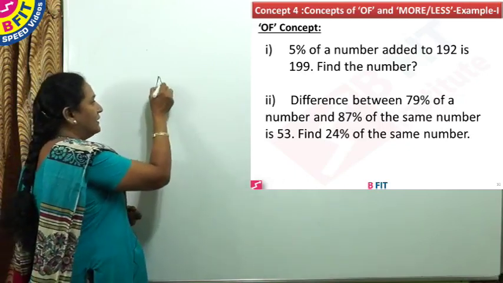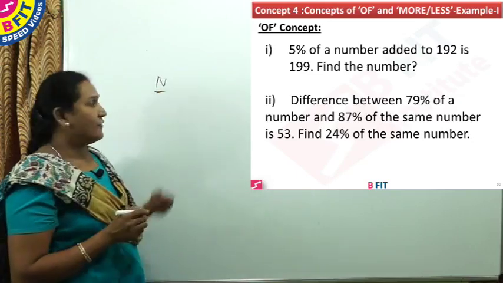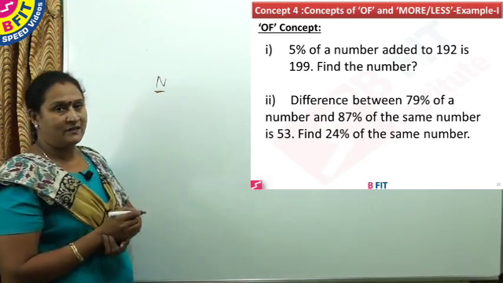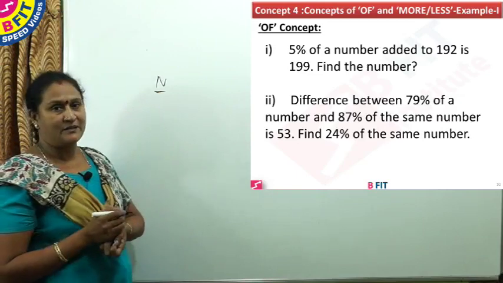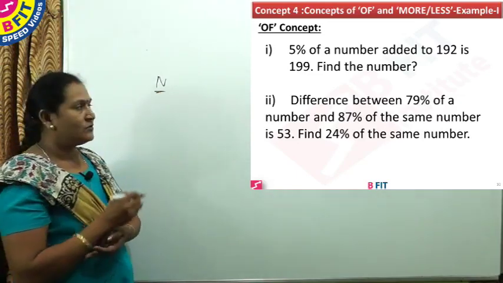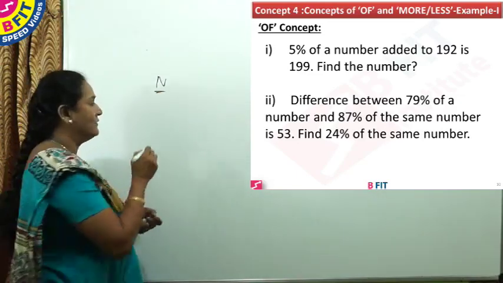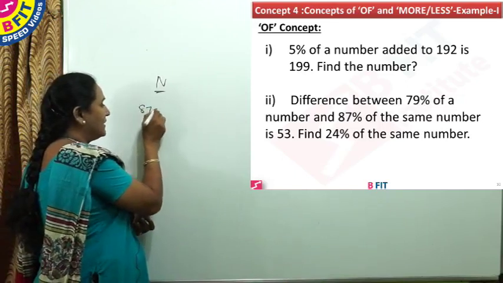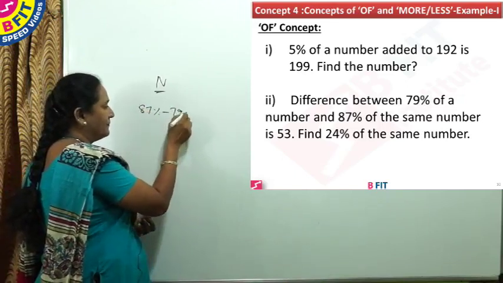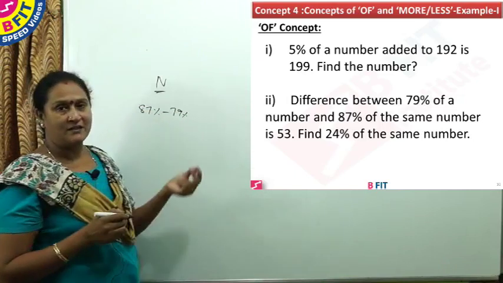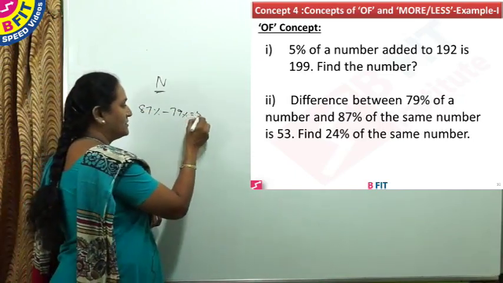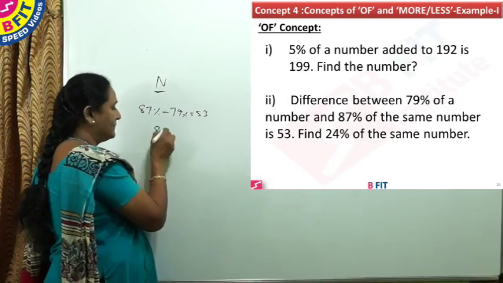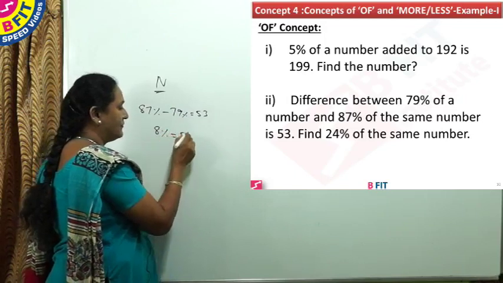So here we will take the number as n. For this number 79% and for the same number 87%, the difference is 53. So we will work out with the percentage itself. What is the difference in the percentage? 87 minus 79. This is given as 53. That is, 8% is 53.